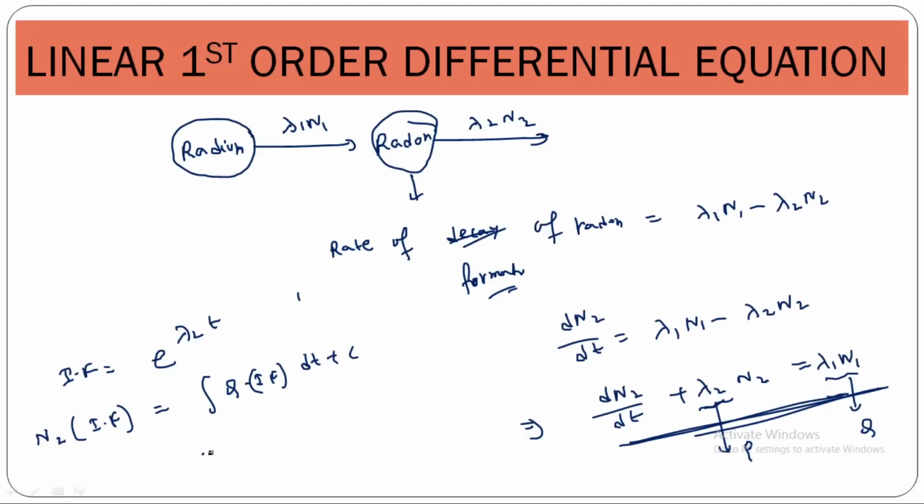So you have to put this. So q is lambda 1 n0 e to the power minus lambda 1 t, and IF is e to the power lambda 2 t, into dt plus c.